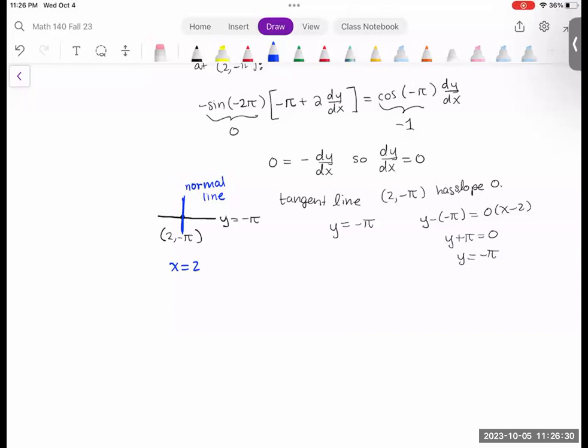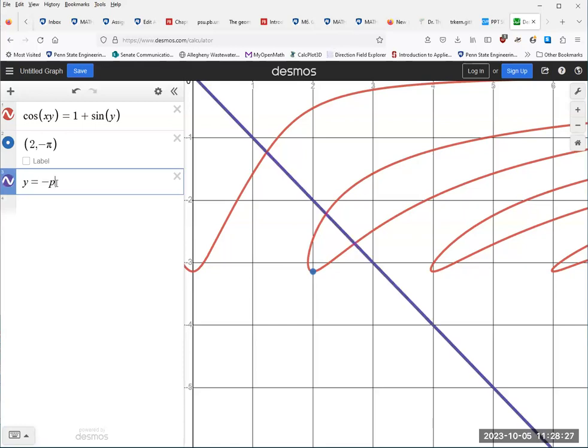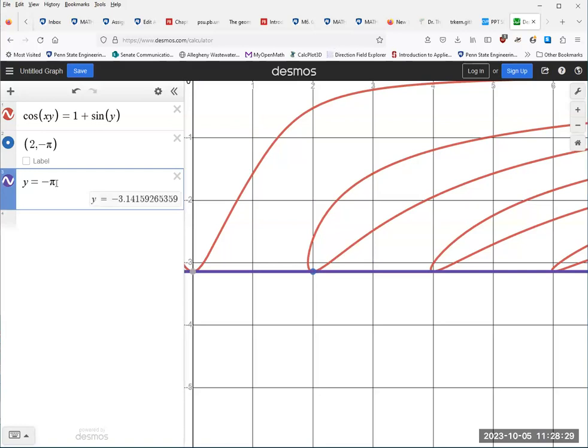Let me bring this curve up on Desmos, and we can take a look. This is our graph, cosine of xy equals 1 plus sine of y, and I've put in the point (2, -π). Let's check our work. We put in the equation of the tangent line we found, y equals negative π, and this looks great.